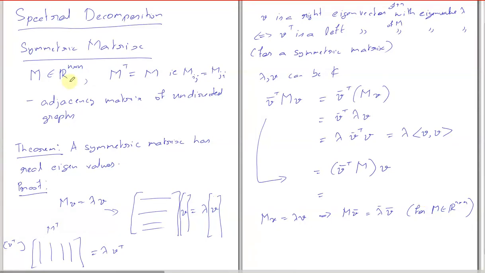But the matrix is only real. Yes, we can split V into real V and complex V. So, but this statement, how do you prove the statement?